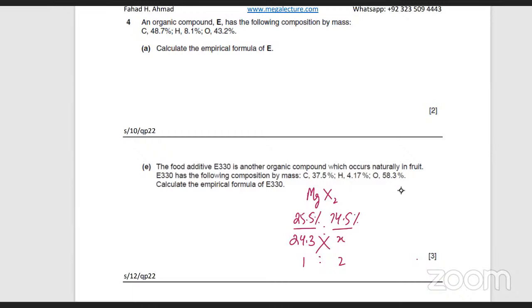Cross multiply. So it's going to be 25.5 divided by 24.3, times 2, is equal to 74.5 over x into 1. इसको सॉल्व करो, देखो x, does it come out to be 35.5? ये किसी ने सॉल्व किया?